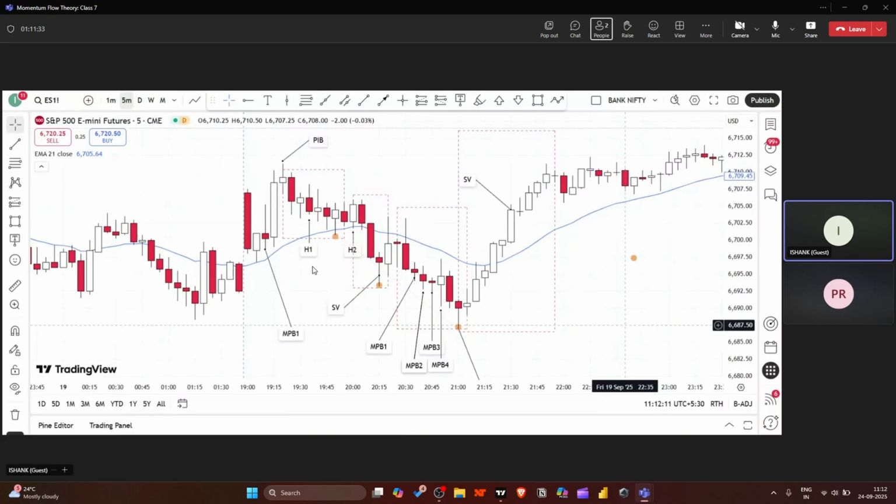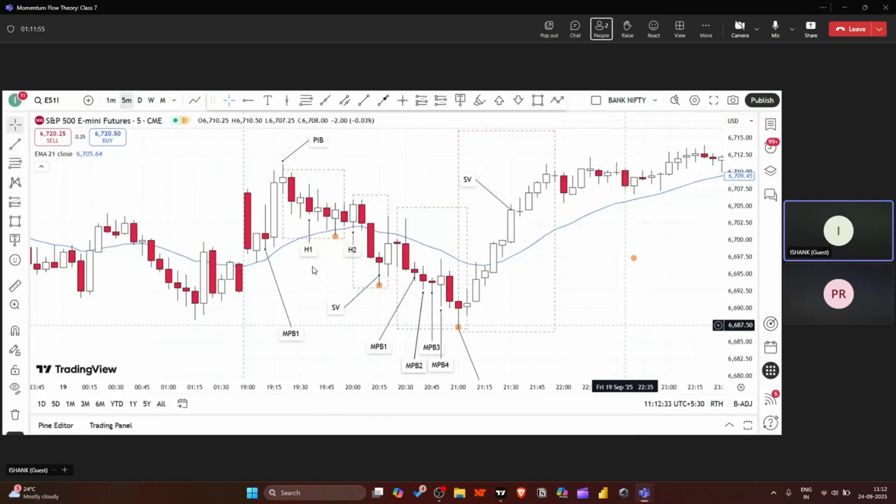Usually it will turn into a PIB after the MPB3. We want momentum. That is why we are trading MPB1 and MPB2. Here, did we get an opportunity to take MPB1 entry or MPB2 entry? We didn't. But we got an opportunity to enter on MPB3. Do we have to enter on MPB3 just because it's giving an entry setup?